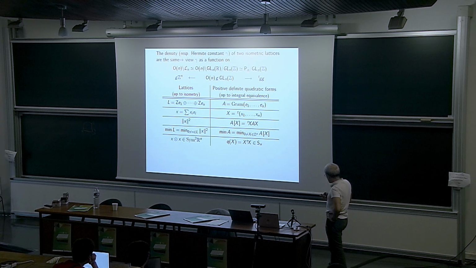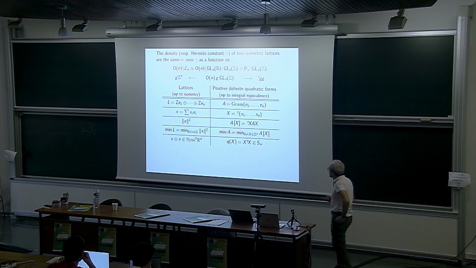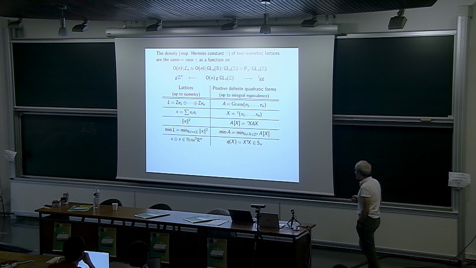So in particular, you can define the minimum of a positive definite quadratic form as the minimal value it achieves on non-zero integral vectors, and this corresponds, of course, to the minimal length of the corresponding lattice.